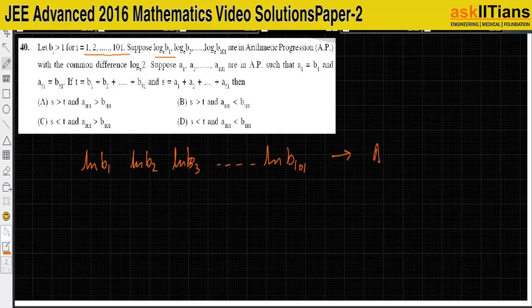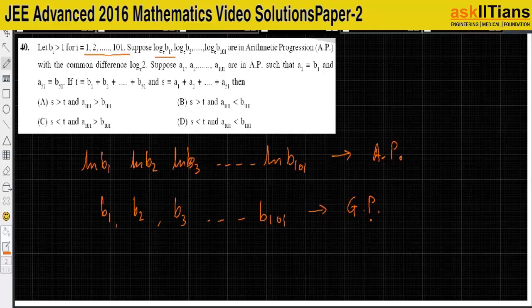This is an arithmetic progression. Now I know that if there is a series in log and I take anti-log of all this, then I'll get a geometric series b1 to b101. So this will be a GP.